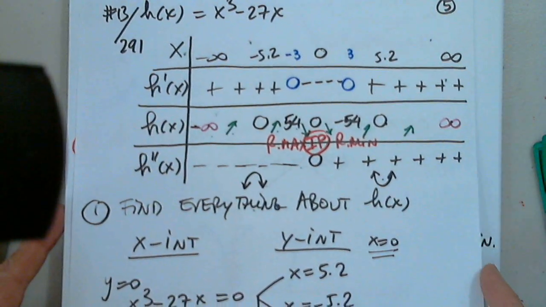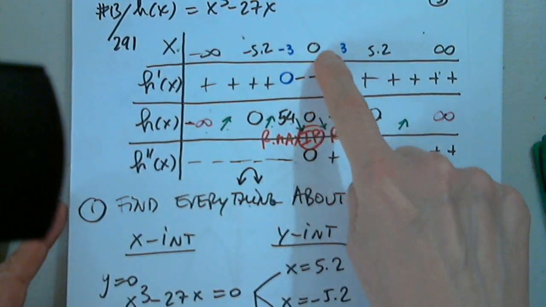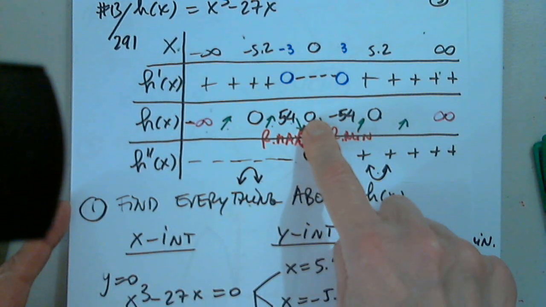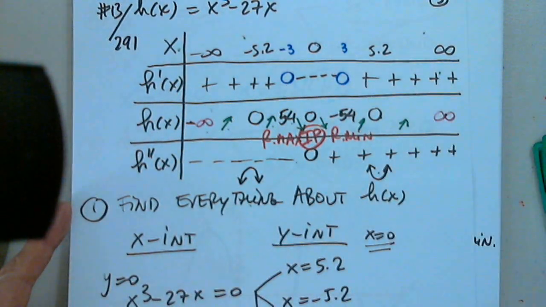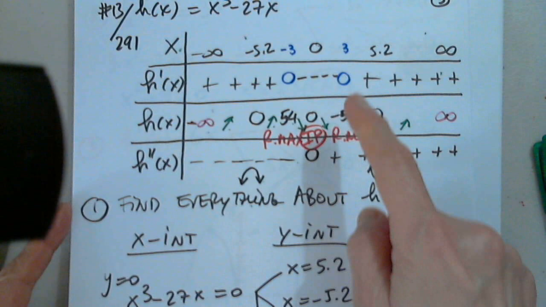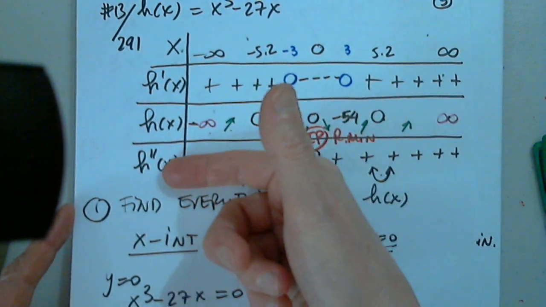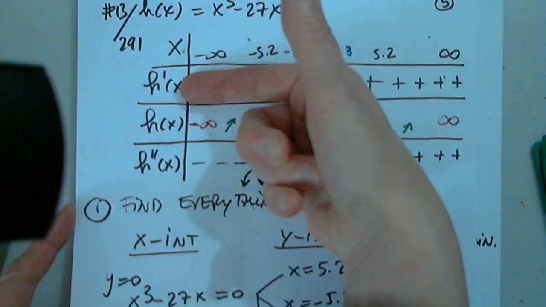So at this inflection point, the first derivative, the rate of change, is either max or min, because basically we analyze this based on this function.